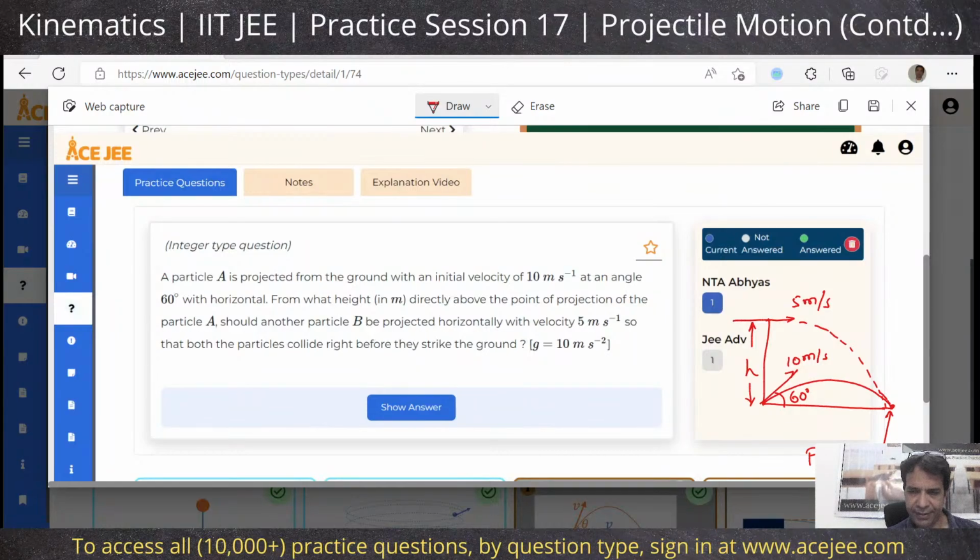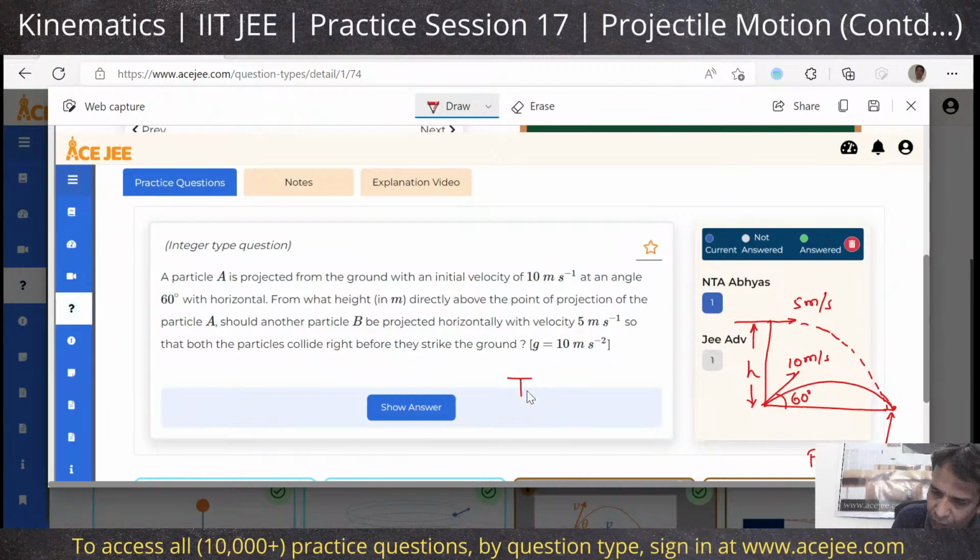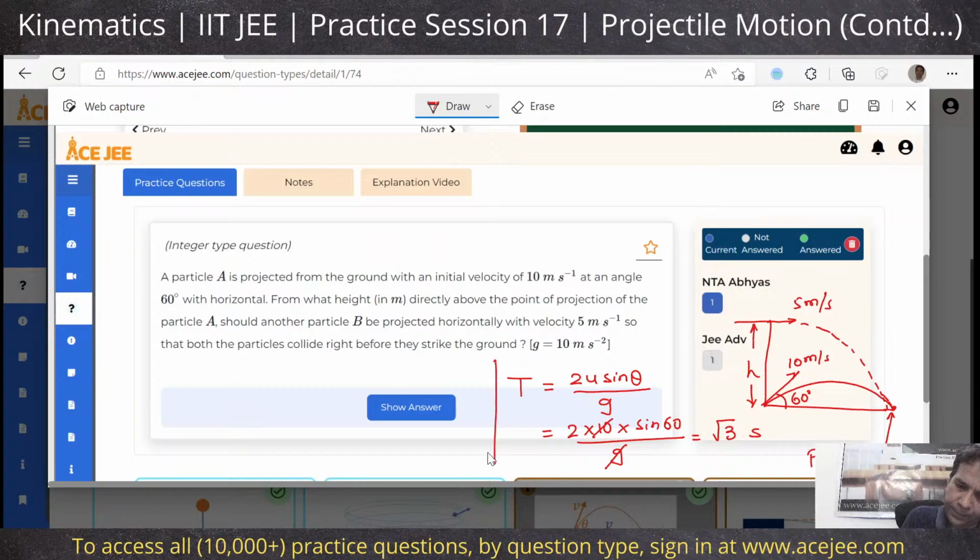Now, for this time period, the particle B has to descend a height h. So the time of flight T is equal to 2u sine theta by g, where u is 10 meters per second, and sine 60. So that is root 3 seconds.